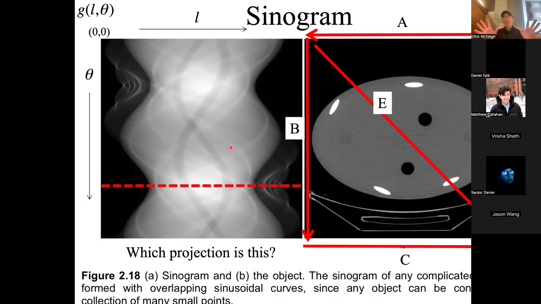Just looking at the GL theta function, you can determine a few things, like what angle we must be looking at for this function. Think in your head for a sec: how would I figure out, looking at the object on the right side and looking at GL theta, remember, this is L, theta is fixed. We click to a theta and ask, which theta do we click to before we measured this L, which is the integration of that object?